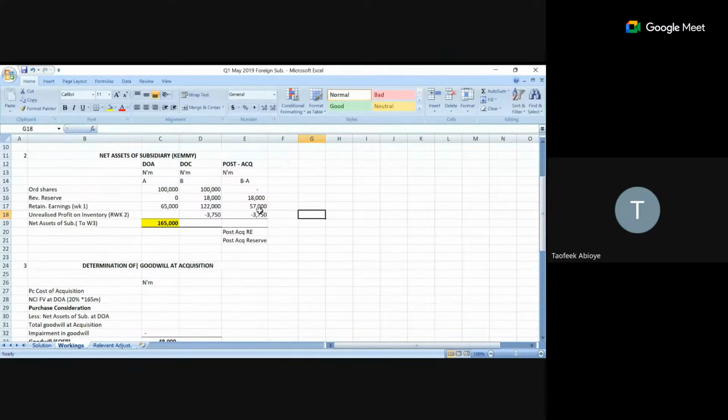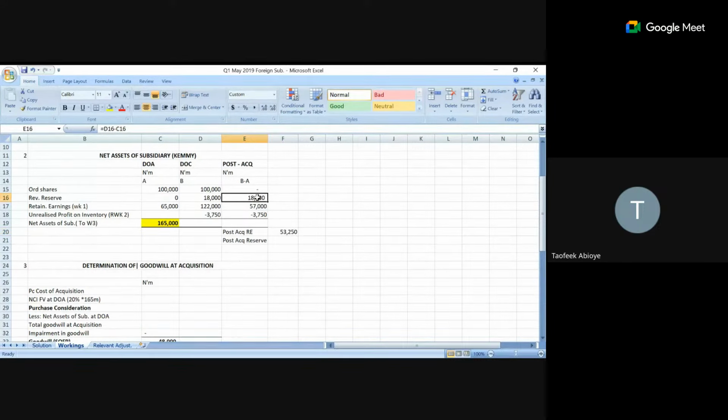This post-acquisition reserve, please, let's split it. Post-acquisition reserve, retained earnings is going to be how much? It's going to be this and this. Please, let's take notes. Because we are going to distribute this between NCI and parent company.